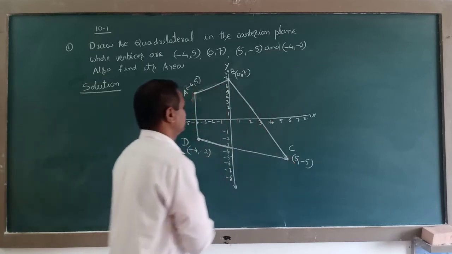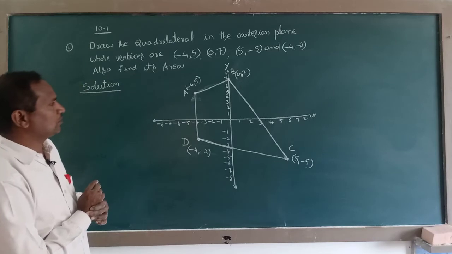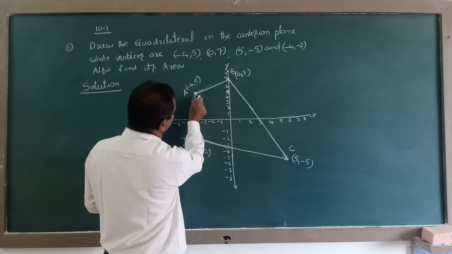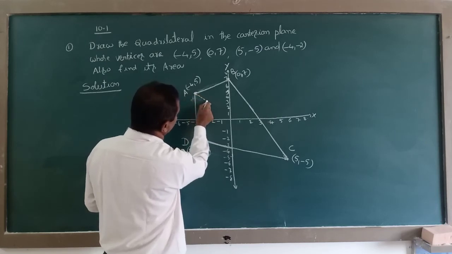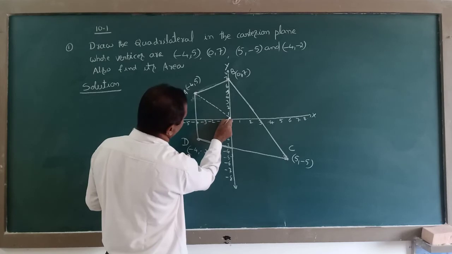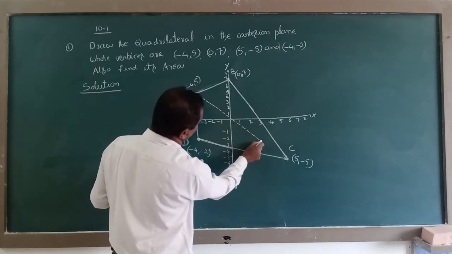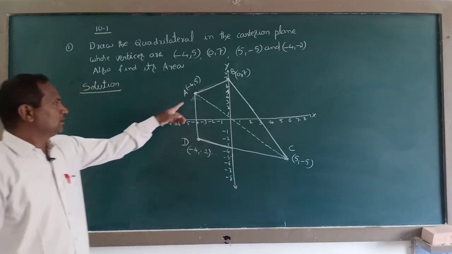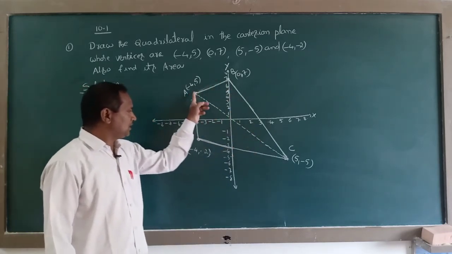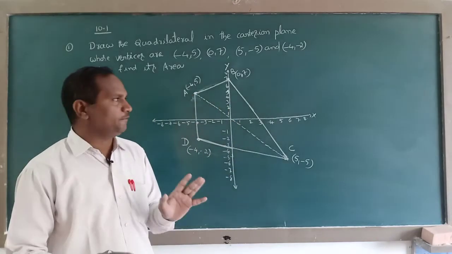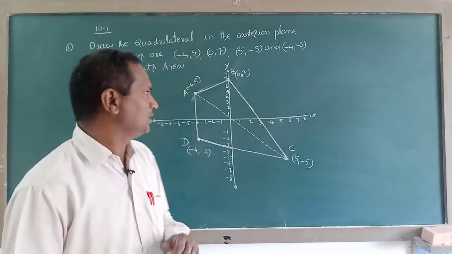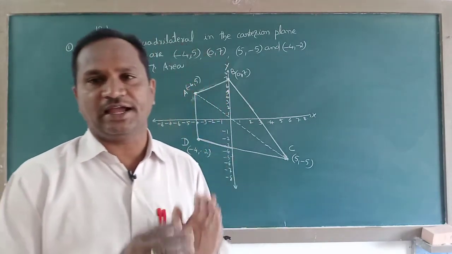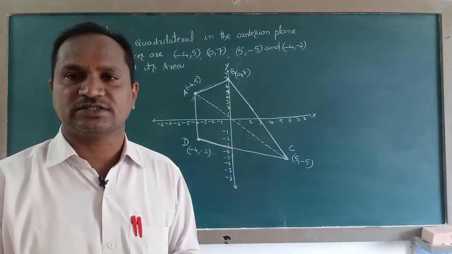Here it is. It is the quadrilateral ABCD. And join here one diagonal just to divide this into two parts. It's diagonal AC. That's what here, triangle ABC and triangle ADC. Separately we are going to find its area. The solution for the first question is over. They are asking only for the diagram, that's why we finished the diagram for the first question.